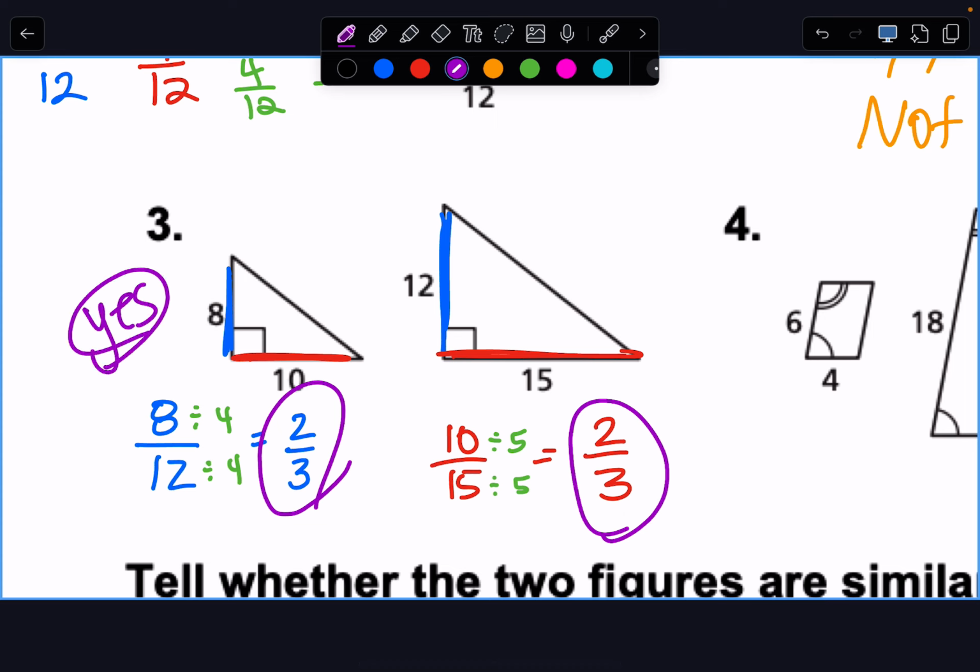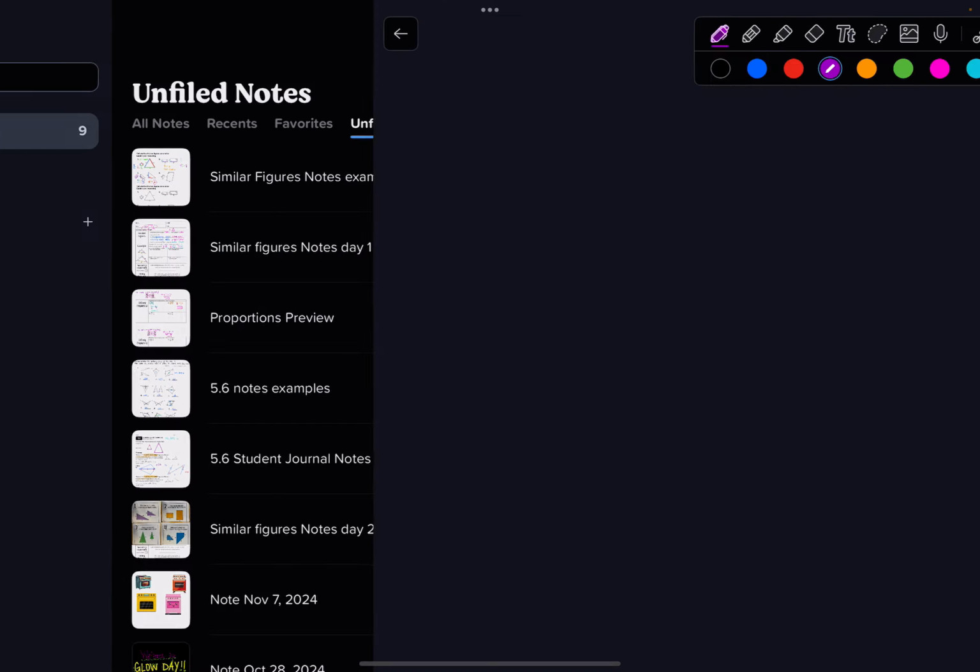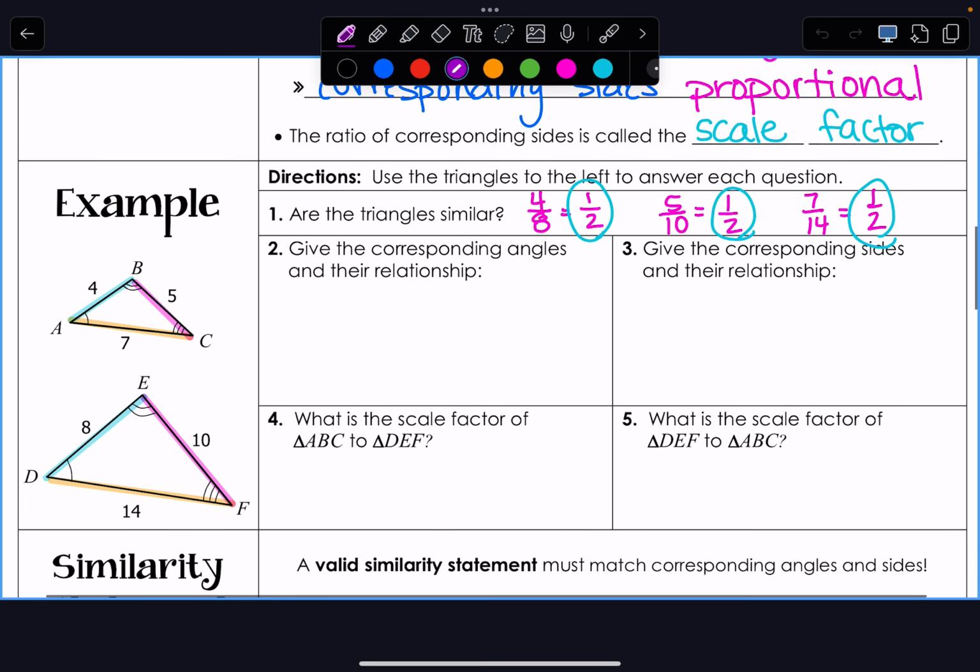They are proportional. Okay. All right, so we're going to go back to your notes. And we're going to answer these questions right here. In your homework tonight, I need you to be able to look at the picture and tell me the pieces that match up. So, the corresponding angles.